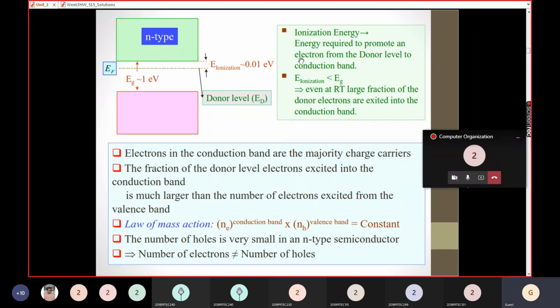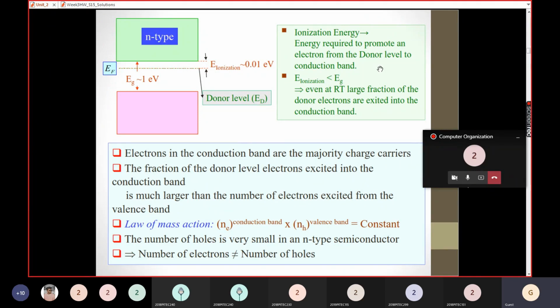You can see the definition which I have given in the right hand side box, represented in the green color. Suppose the electrons do not have sufficient energy to reach the conduction band, then automatically a donor level will be given, which is represented by Ed. This donor level will make the electron move freely from the N type to the conduction band present in the lower part, with 0.01 electron volts.